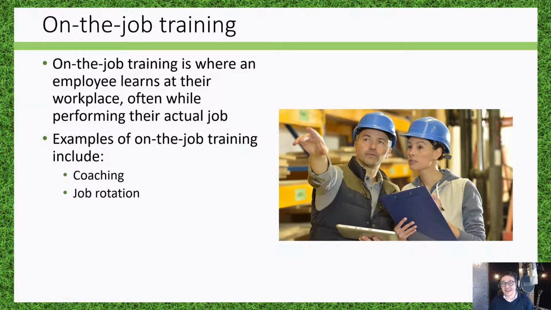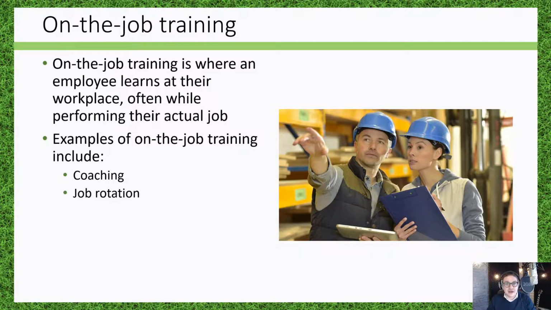Now, on-the-job training is described as training that occurs while someone is working in their role on the job. That's where the on the job comes from. So you show up to work, and while you're doing your job, perhaps a more experienced mentor can draw alongside you and coach you on ways to do your job more effectively or efficiently.